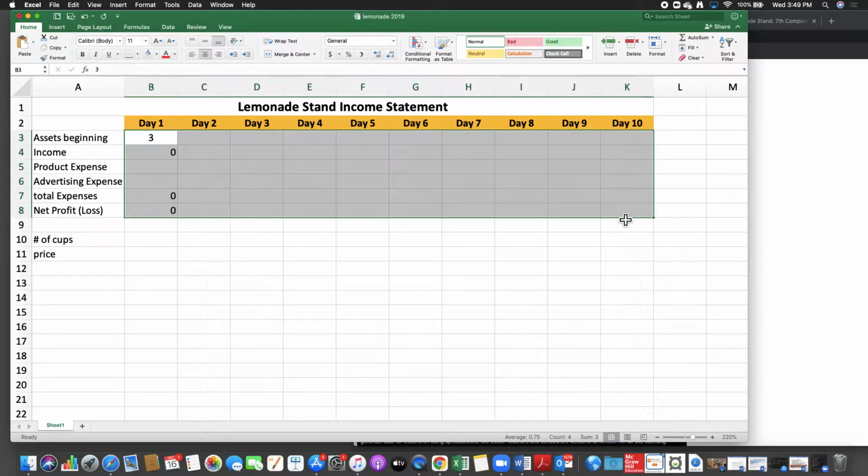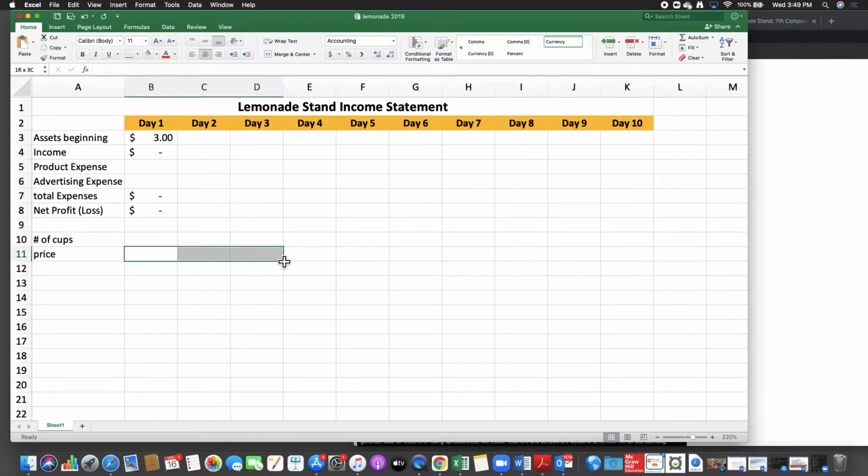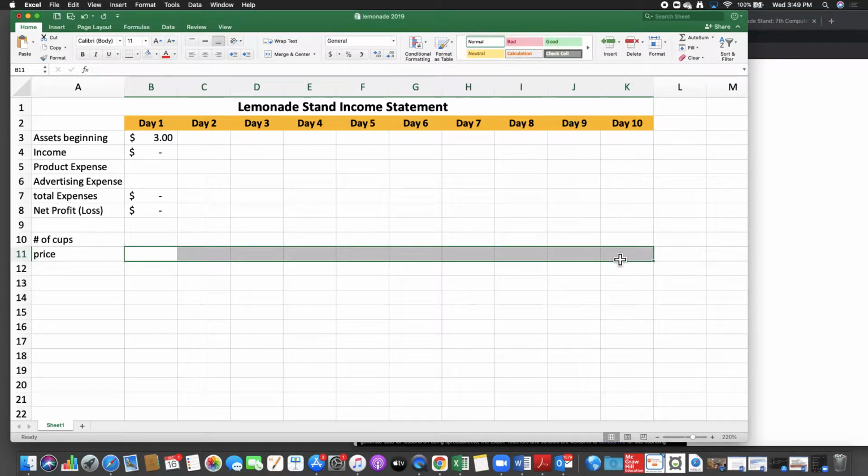So I'm going to select B3 through K8 and click the accounting number format, then B11 through K11. And again, as you go through the days, you're going to continue to click that accounting number format so that your numbers look like money.